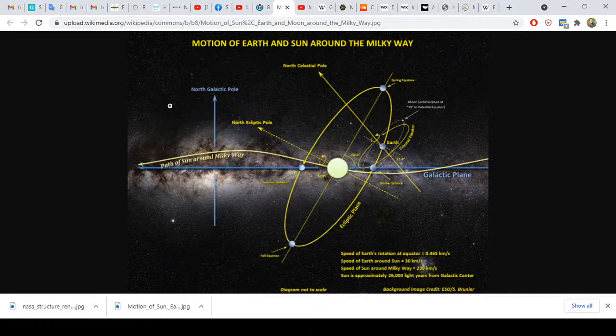So anyway, here is the North Galactic Pole and South Galactic Pole, and the whole solar system is moving towards a northern point, to a point near the star Vega.